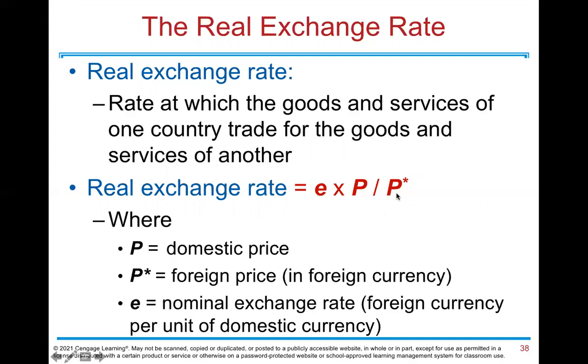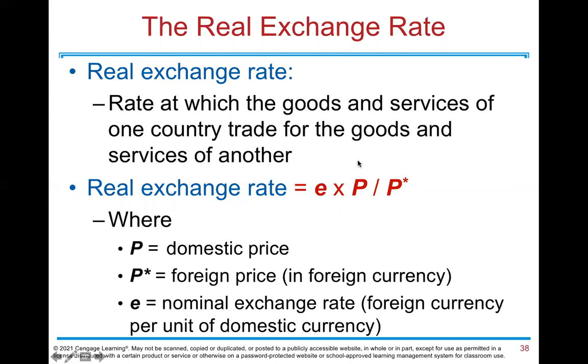We divide that by the price of a Big Mac in pesos, and we get the real exchange rate. And the idea here is that this should be equal to 1. If I'm getting a Big Mac in Mexico versus a Big Mac in the US, this should be the same Big Mac, and the real exchange rate is really equal to 1, okay?